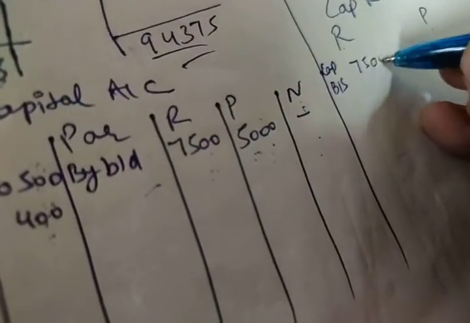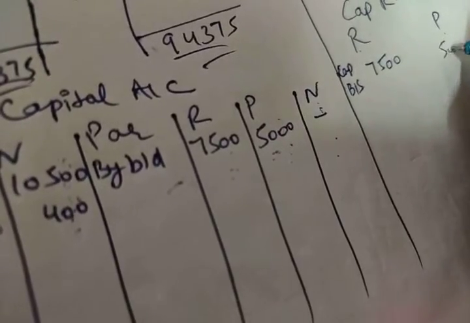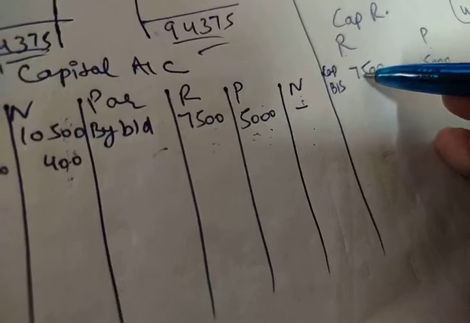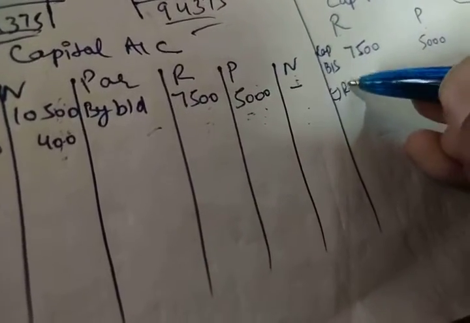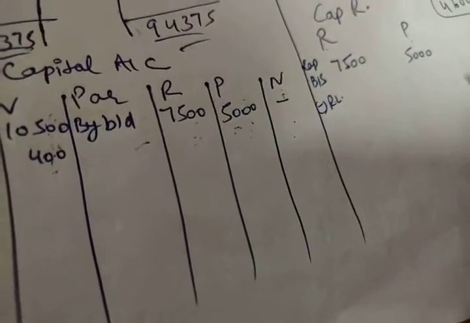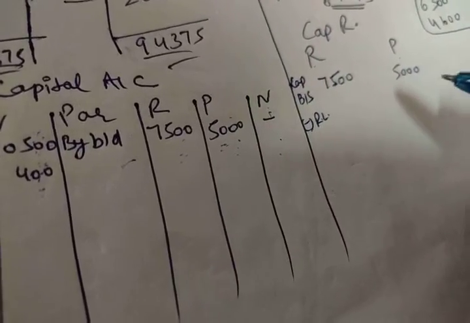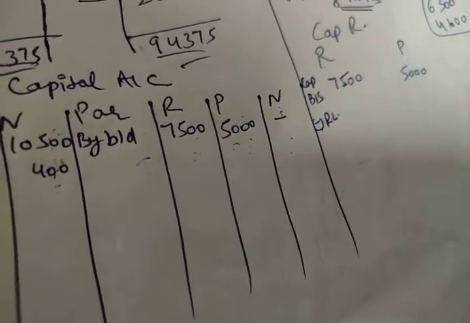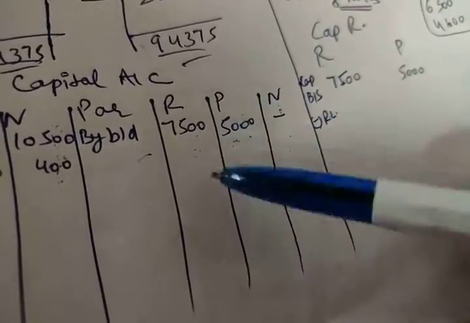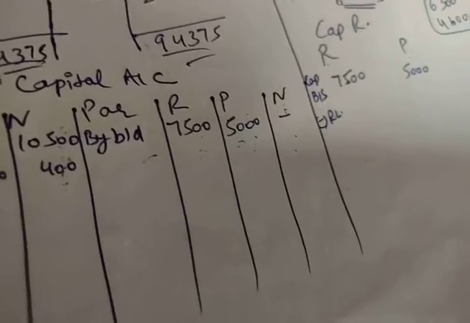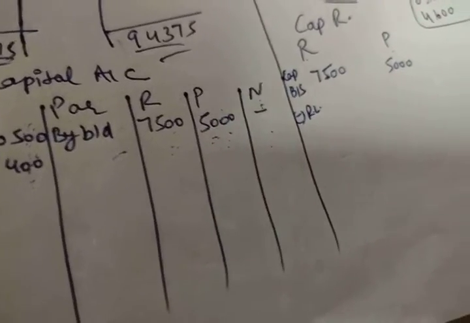For R it was 7,500 and for P it was 5,000. And this time deduct your realization loss. On dissolution, how much capital is going to remain, in that ratio they have to bear N's capital deficiency. This is not at all the Garner versus Murray rule, please.